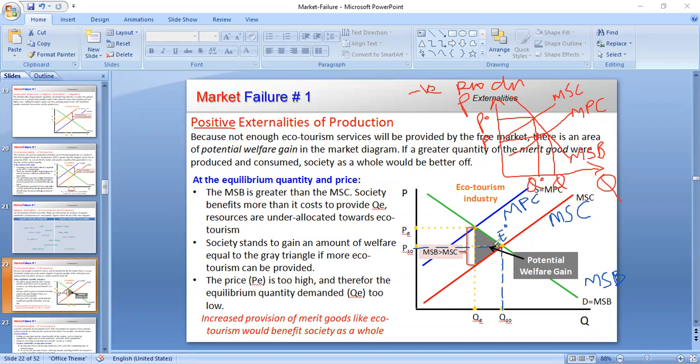So PS naught will be the optimal price, and the QS naught will be the optimal amount of pollution, right? And so at that point there, it's the point of optimal efficiency.